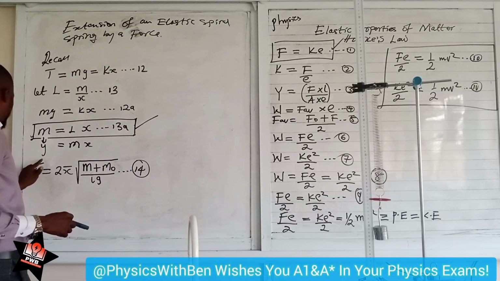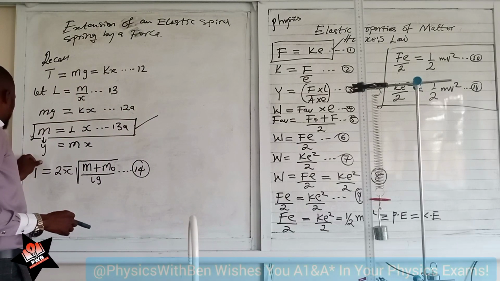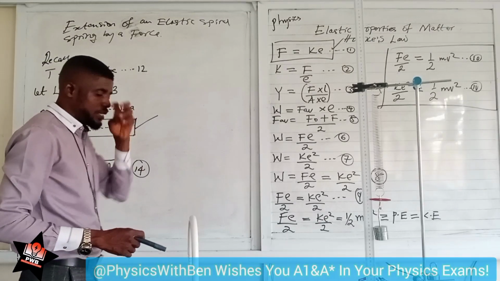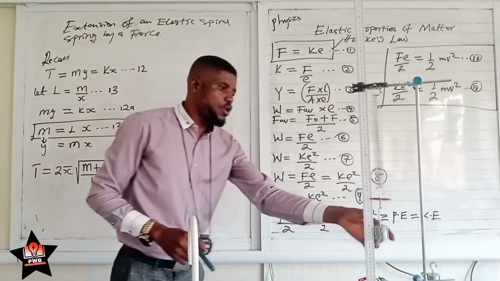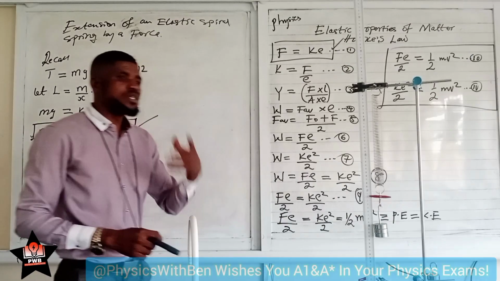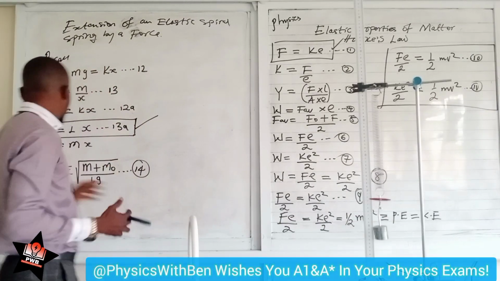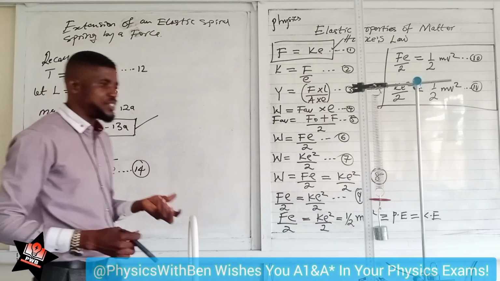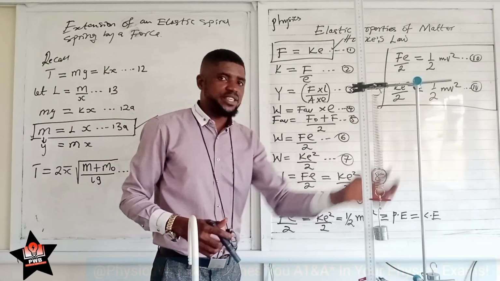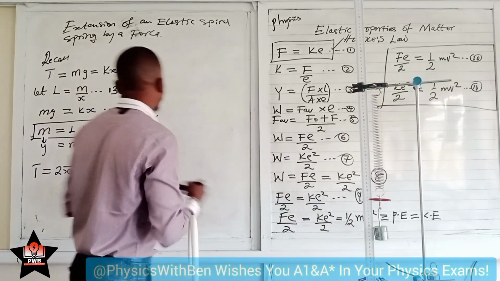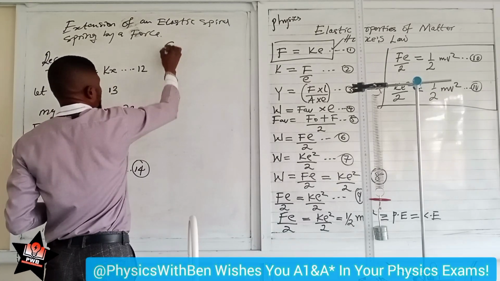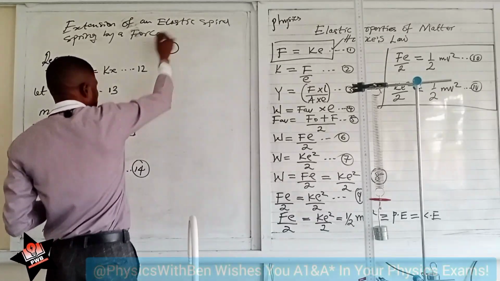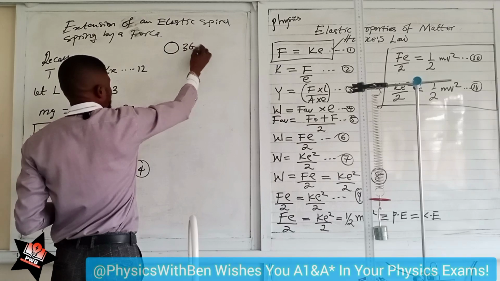And then T stands for the period of oscillation, the time it takes this to go up and come down in a particular number of oscillations. And 2 pi stands for the angle in radians that this spring makes to go up and down. Recall that when you move around the circle, that is 360.